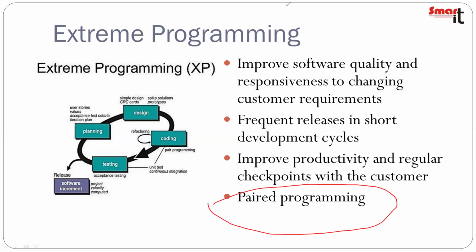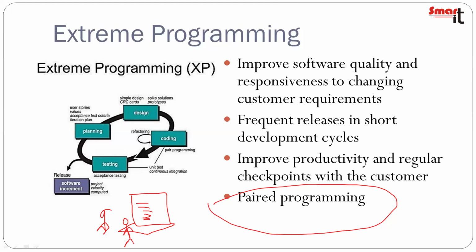Pair means two, two persons doing programming. Just like with one computer, one machine, only one coding file is open, but there are two persons in front of this computer. Normally, for one computer there is one person.